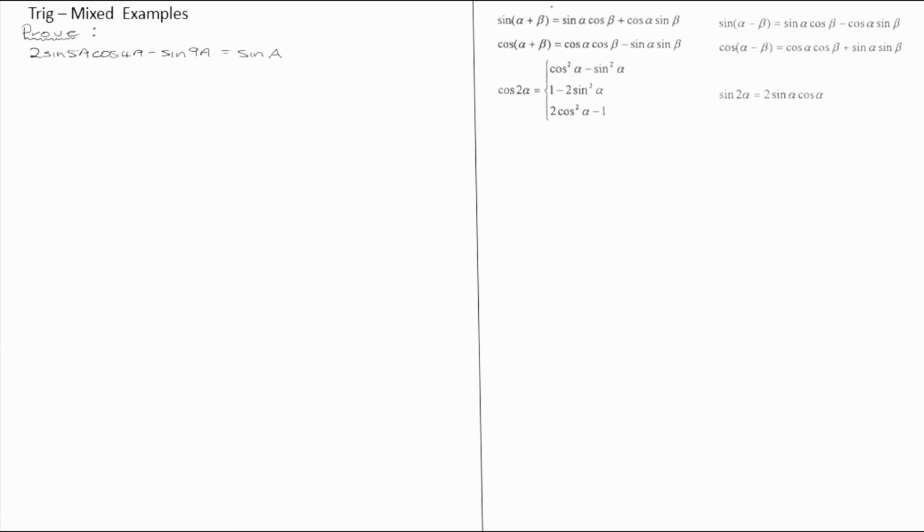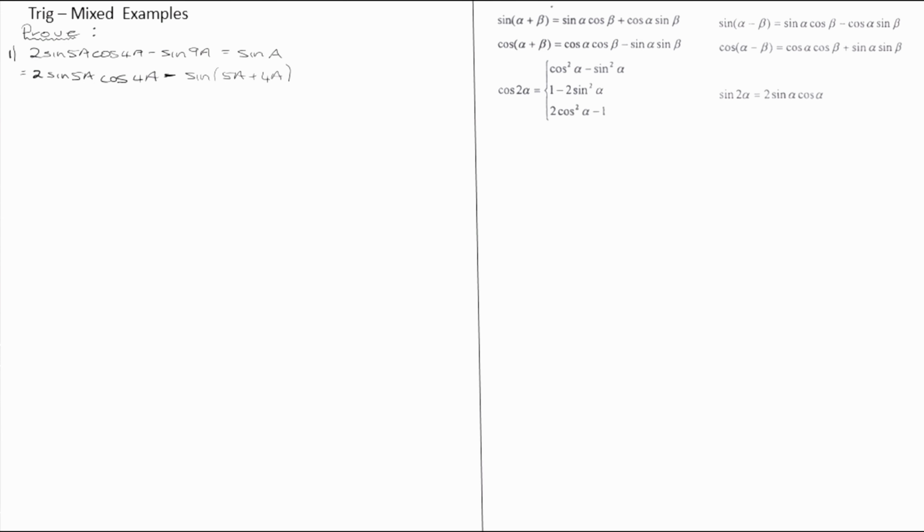We're going to do some mixed examples, trigonometry. The first question is prove the left equals the right, so it is an identity. So it will be 2 sine 5a cos 4a, and the 9a is going to break down into sine 5a plus 4a, or you could do 4a plus 5a.